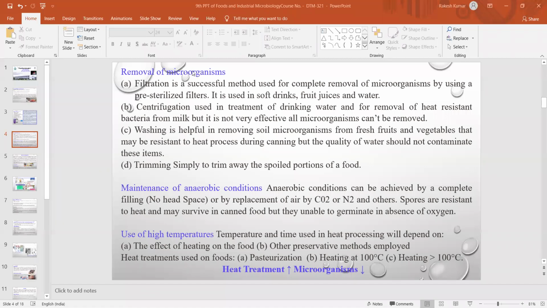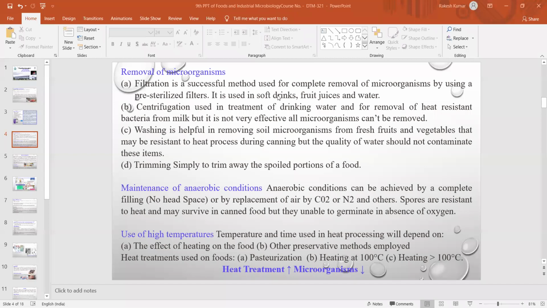So how can microorganisms be removed from the system? Filtration is a successful method used for complete removal of microorganisms by using pre-sterilized filters. It is used in soft drinks, fruit juices, and water. So filtration is one of the most important methods for all these products.